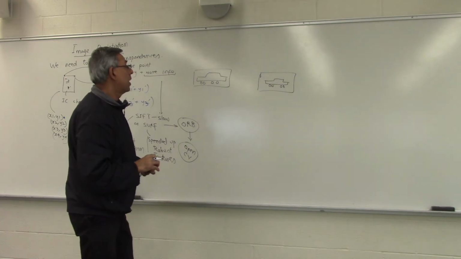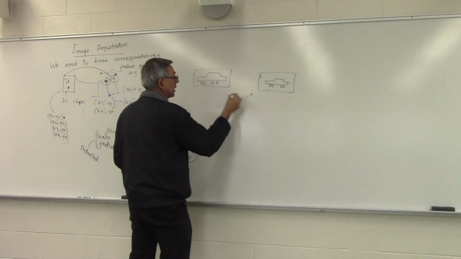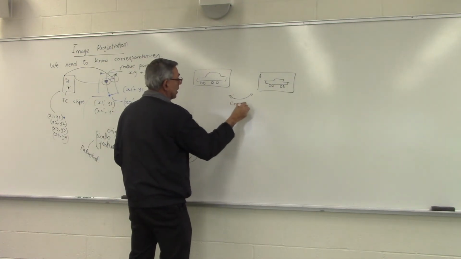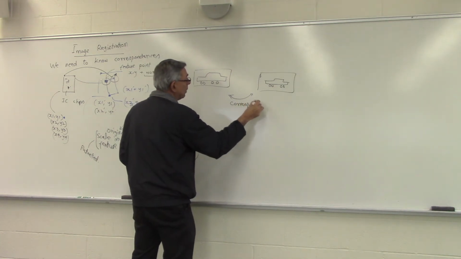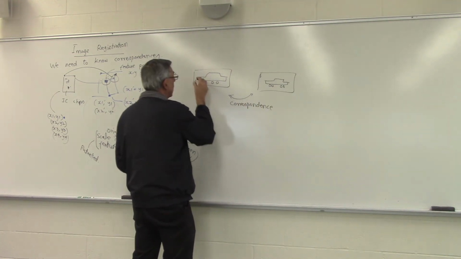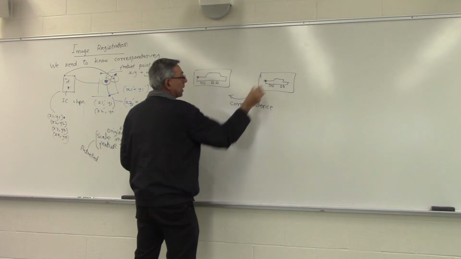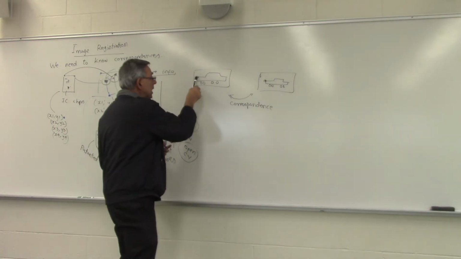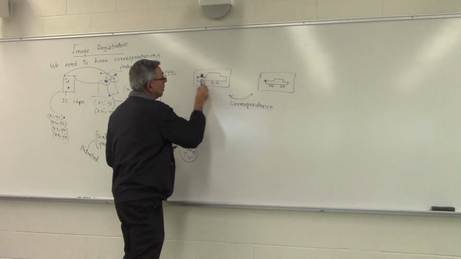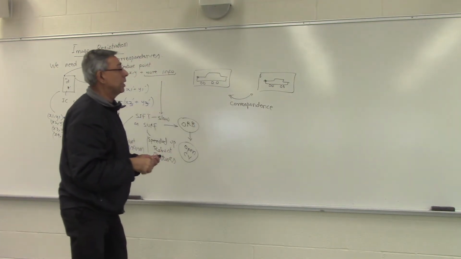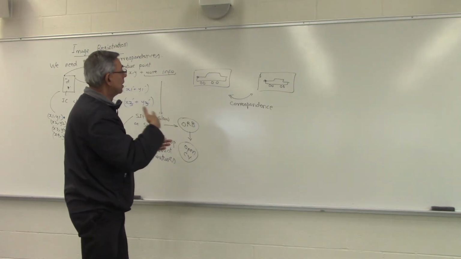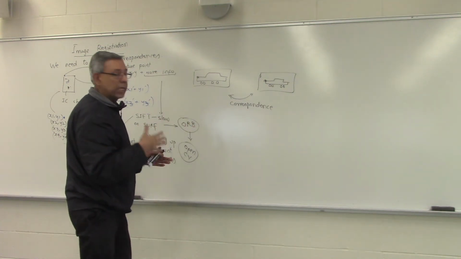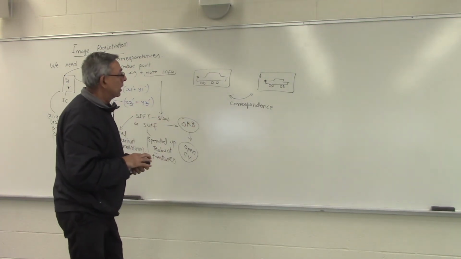How do we establish correspondences between these? As we discussed, not only do we want to know that this point matches this point, we also want to know not just the XY location, but also some more information about it, like rotation, maybe which way the gradients are, and so on.